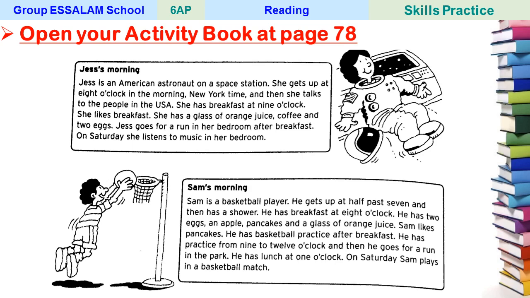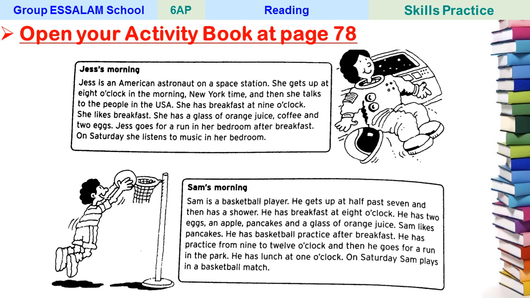So let's start with the first paragraph about Jess's morning. Jess is an American astronaut on a space station. She gets up at 8 o'clock in the morning, New York time, and then she talks to the people in the USA.